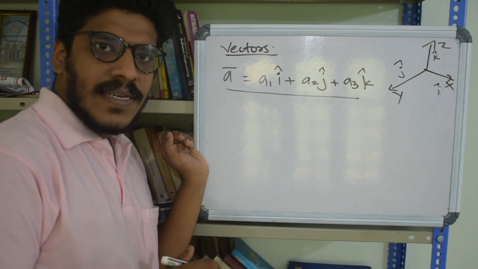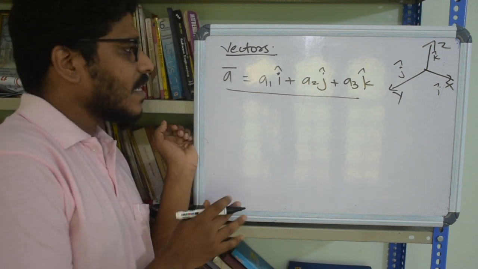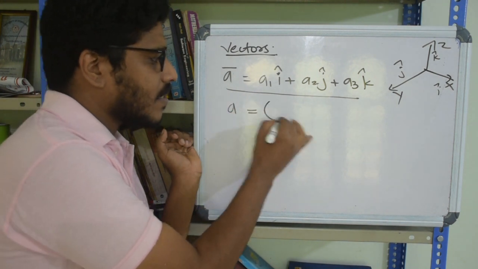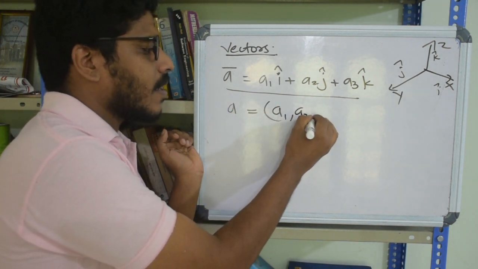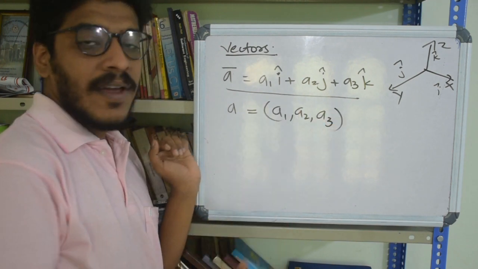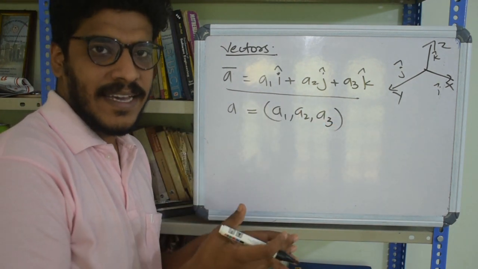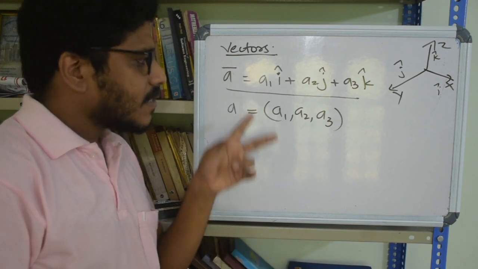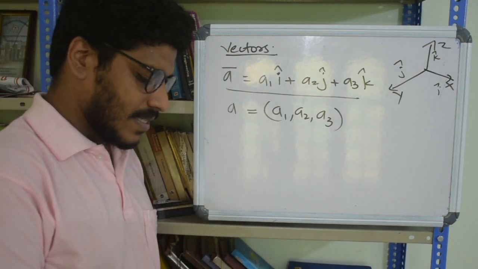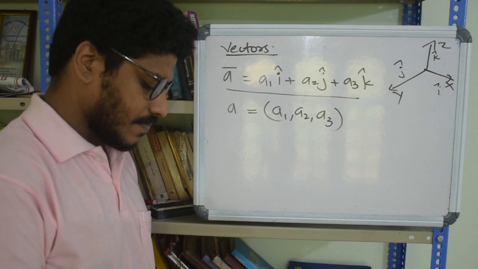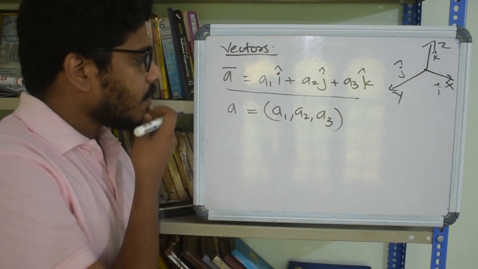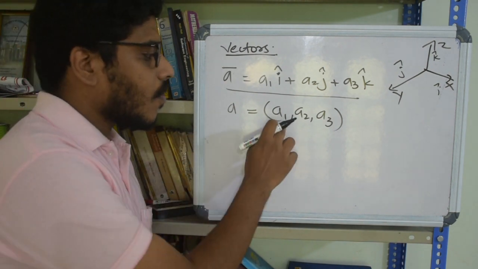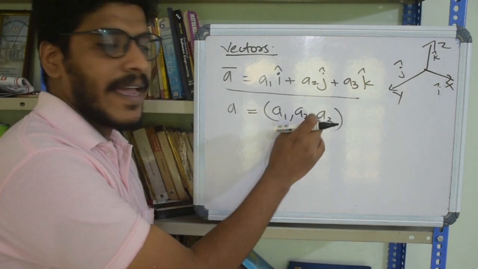But sometimes in our course, mathematically, we may denote this same vector as A equals (a1, a2, a3). We may not use i, j and k rigorously, always. But remember that these two notations are the same. Right. So what we have to take care of here is the order of arrangement of a1, a2 and a3.